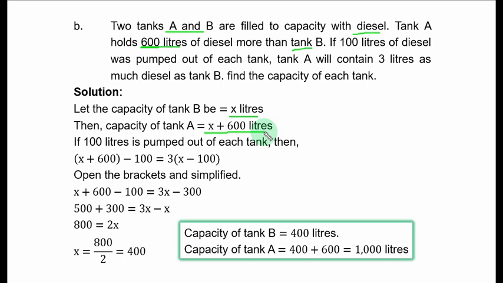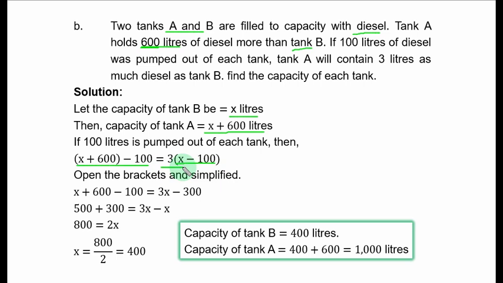If 100 liters is pumped out, that is removed from tank A, what will be remaining is S plus 600 minus 100. The same amount is removed from tank B, but after that, tank A will contain 3 times as much, that is 3 times tank B. So you have this expression.